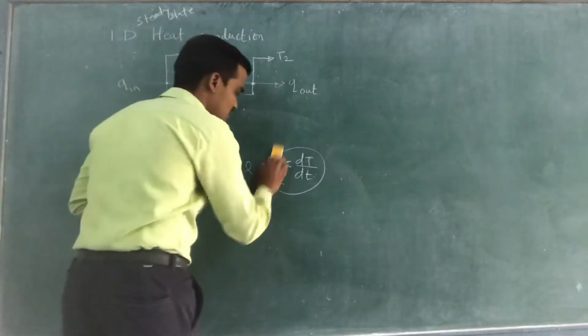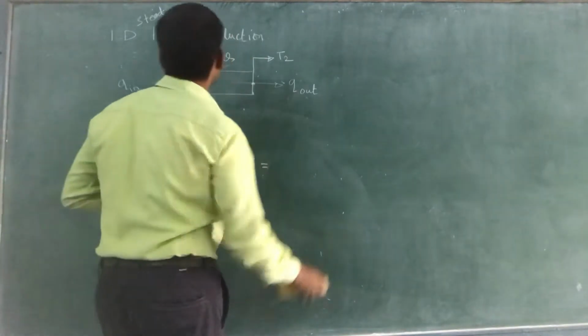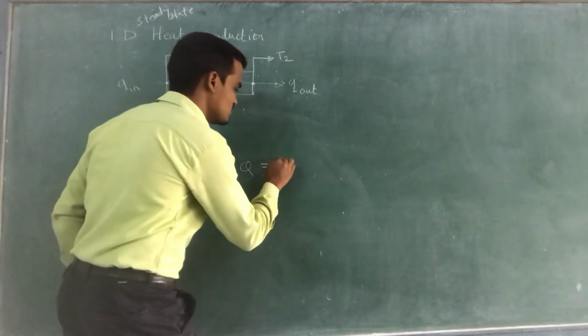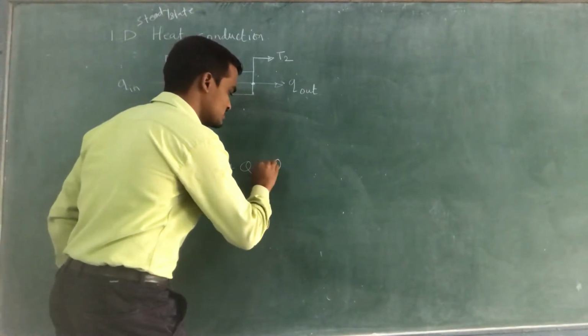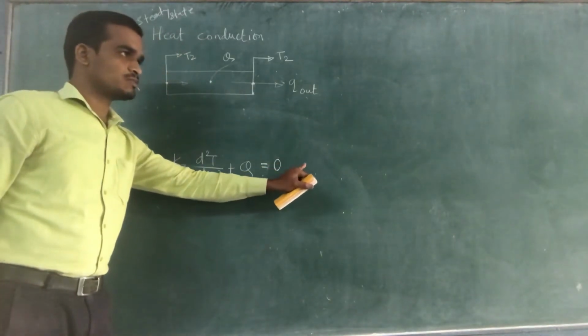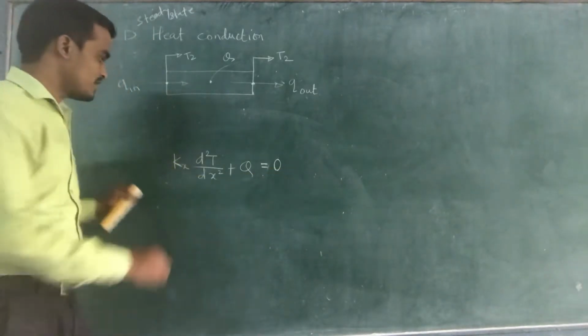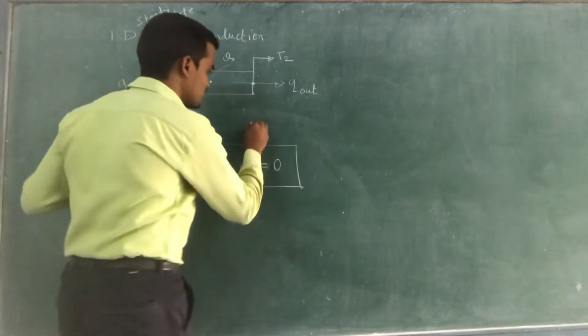But here our syllabus contains only one-dimensional steady state heat conduction problems. So this will become 0. Steady state means with respect to time, all parameters are 0, so dT by dt will become 0. So these terms will become 0, and finally this is your governing differential equation.